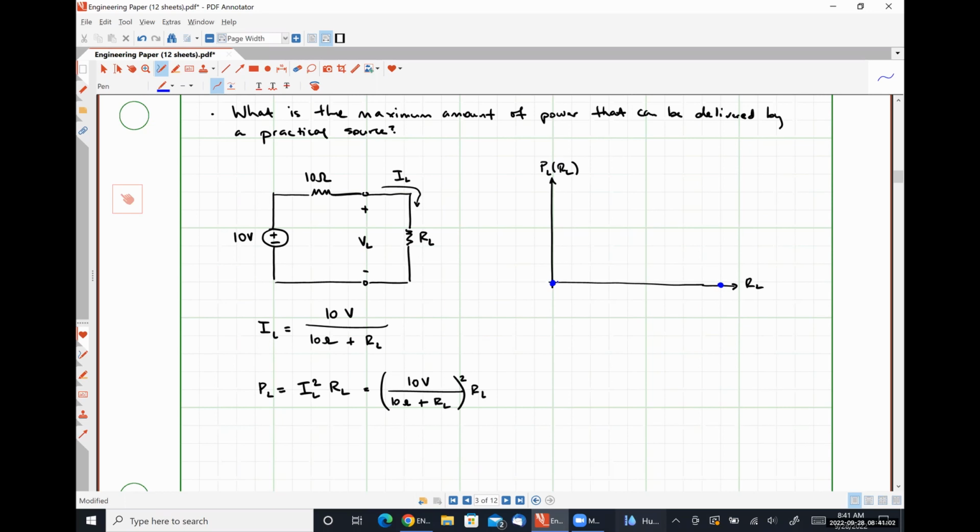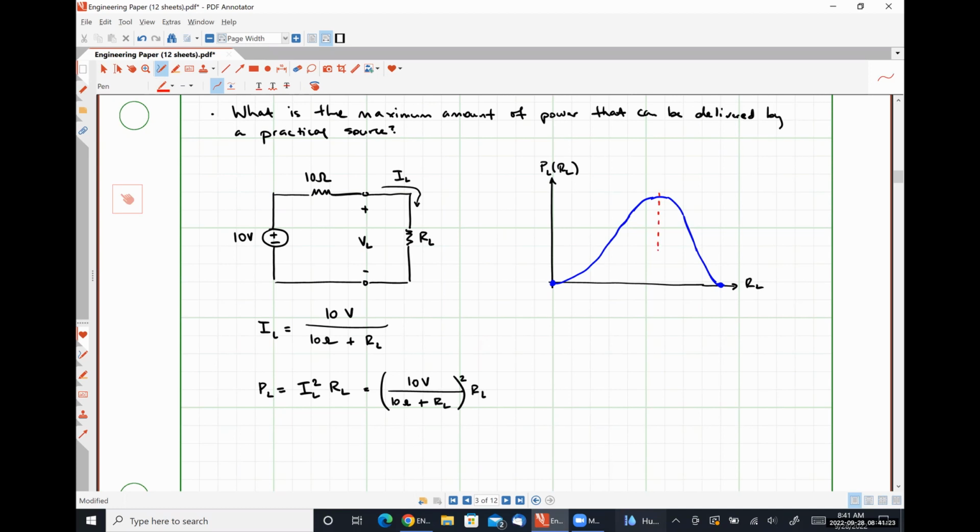And then in between, we have something that looks like this, but it should be more centered. I just can't draw well. Okay, so there's a couple of things that we can glean from this drawing.